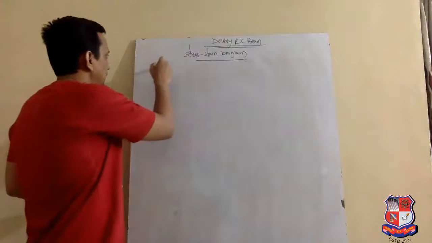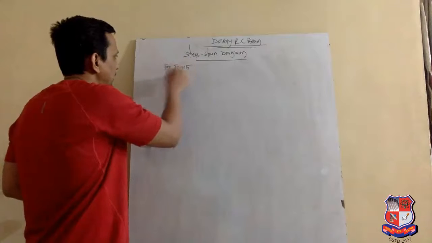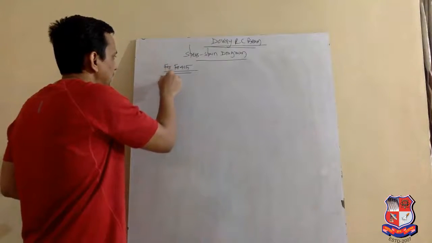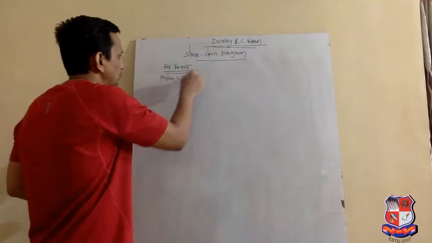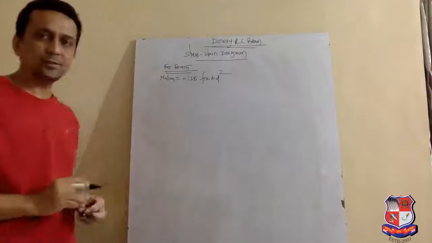So for Fe415, I have written MU lim is equal to 0.138 FCK BD square.